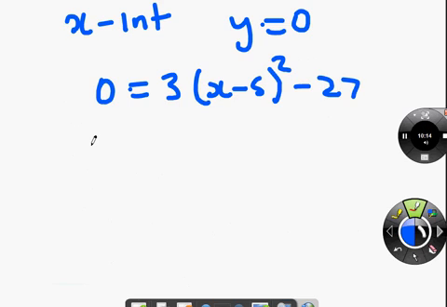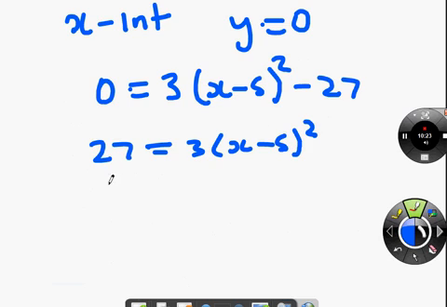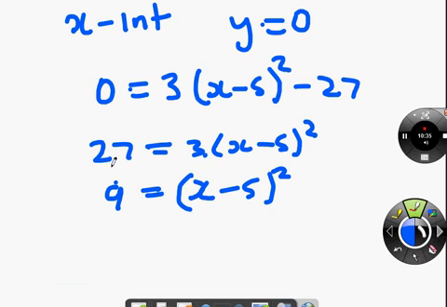And the 27 will come here to become 27 is equal to 3 bracket x minus 5 squared, and then divide both sides by 3. This 3 will come and divide this side, so you get 27 divided by 3 is 9. Then you find the square root of 9, which is going to give us two answers, plus or minus 3.